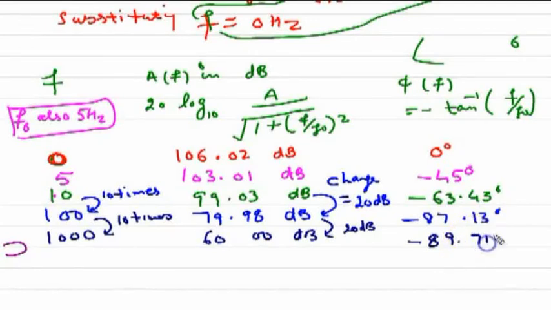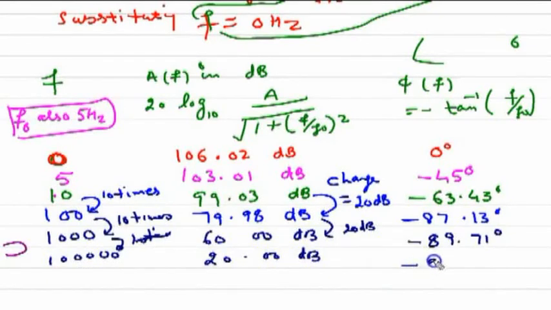So the change in the phase is decreasing. Now we make the frequency 1 with 5 zeros, and the gain comes down to 20 decibel, and the phase angle is minus 89.99, not much change in the phase.